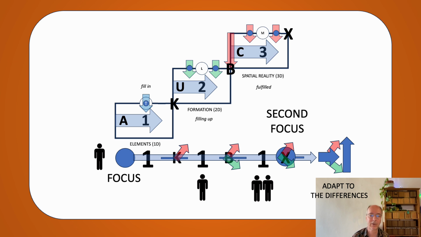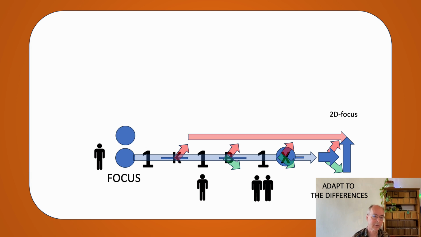It will say, okay, I will deal with everything that is formed and everything where I can adapt to the differences. So I'll start to have a focus which does not just go horizontal forward, but also vertical. It has a two-dimensional focus.